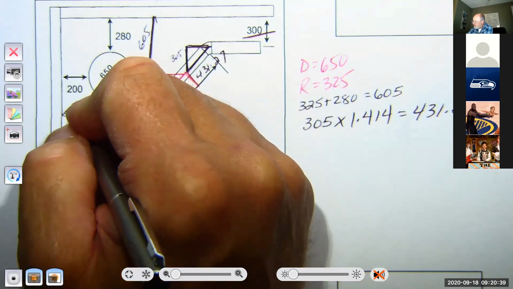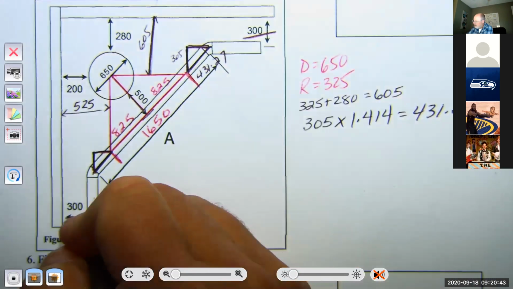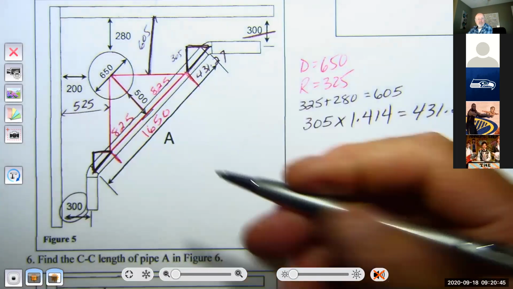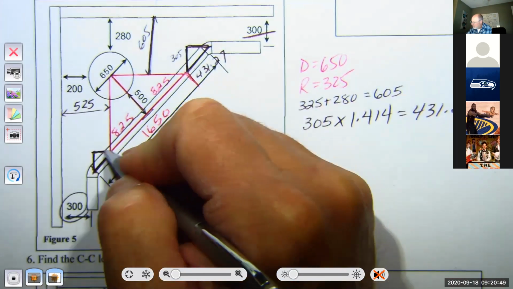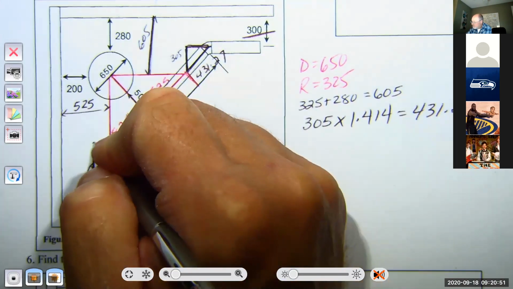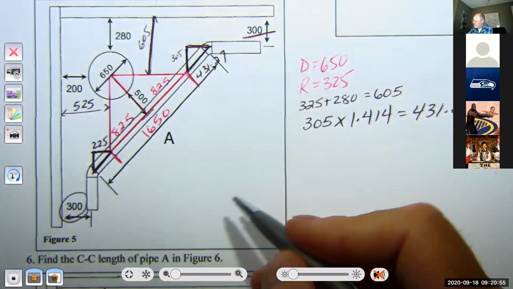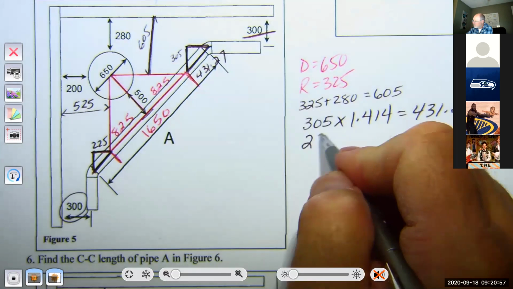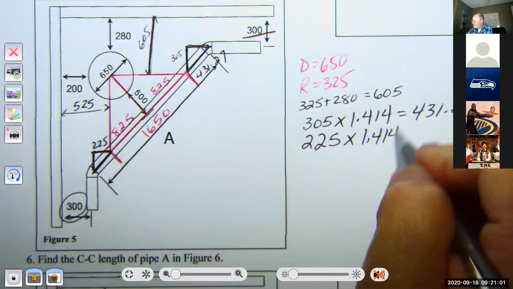So that's 525. And if I minus 300 off of the 525, means that this line right here is equal to 225. And I can solve for the travel now by going 225 times 1.414.